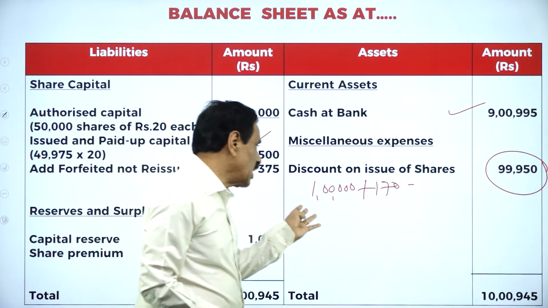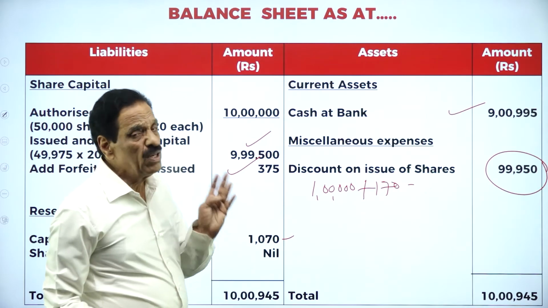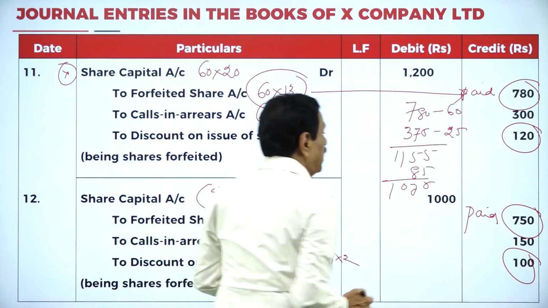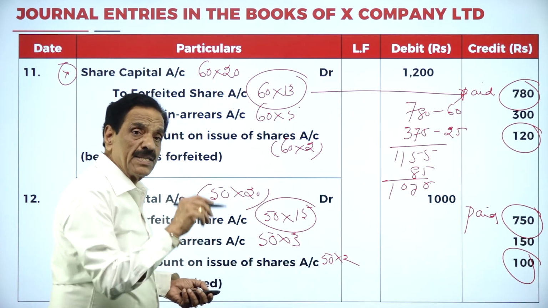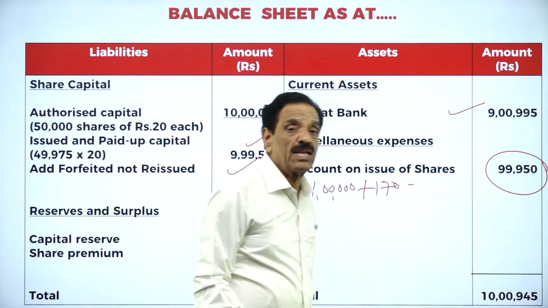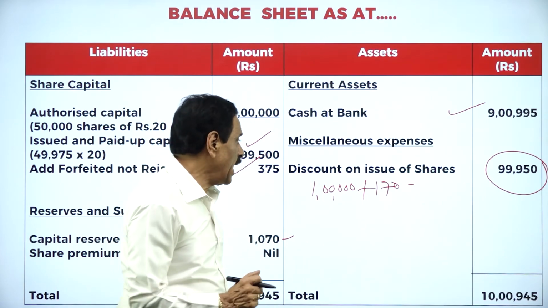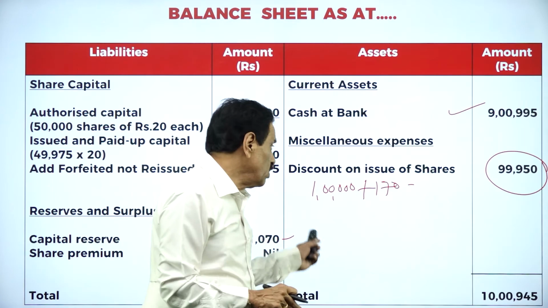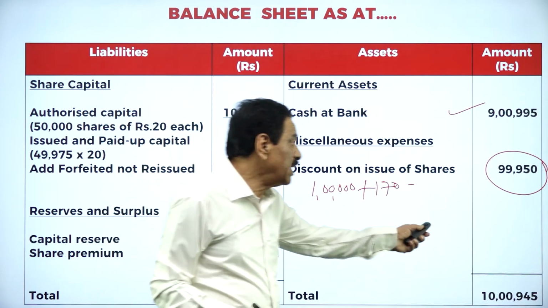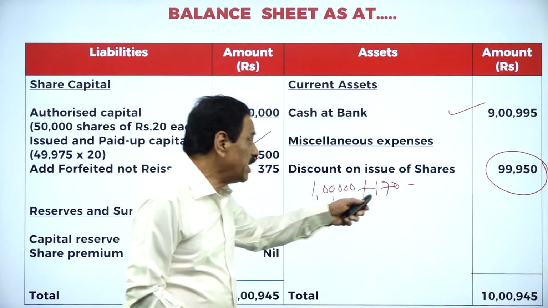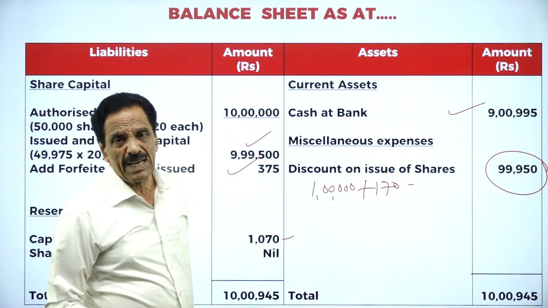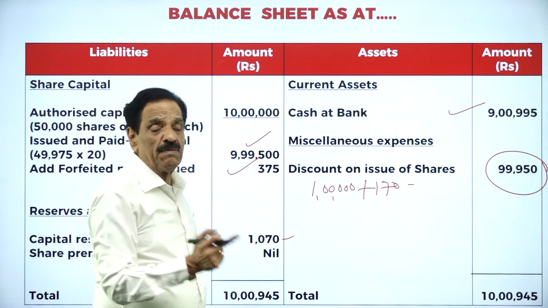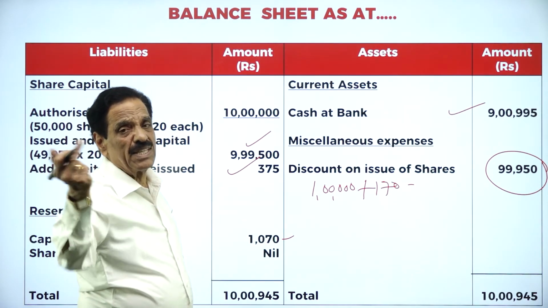So you got 1 lakh, 170 is there now. Credit side 100 is there. Here 120 plus 100 is credit entry, 220 on the credit side. 99,950 will come. That is 1 lakh plus 170 plus 100 plus 220. Deduct now, the difference amount will come: 99,950. That should be shown on the asset side of the balance sheet. I think you remember 1 lakh plus 170 debit entry, 100 and 220 on the credit side.